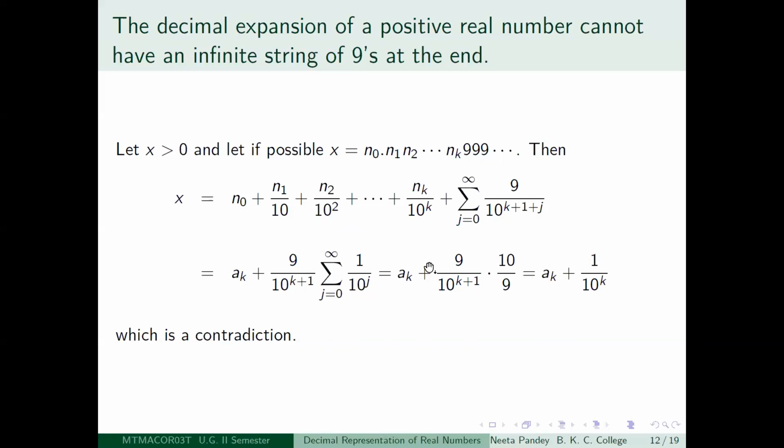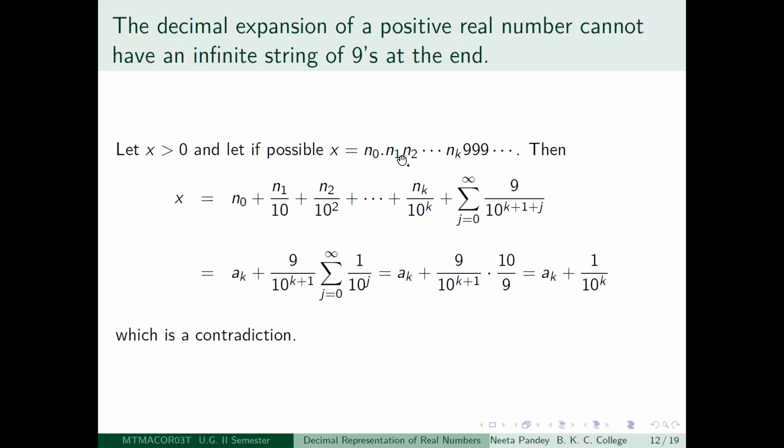So following that philosophy again here, suppose I have this x greater than 0, which was the number with which we had started, and suppose, if possible, x can be expressed as n0 point n1 n2 etc. nk, and then 9999 and so on.